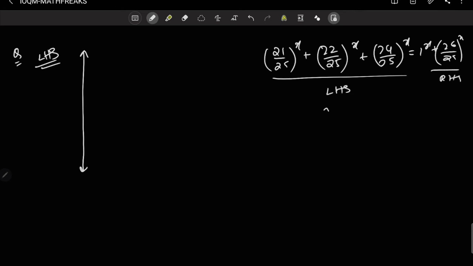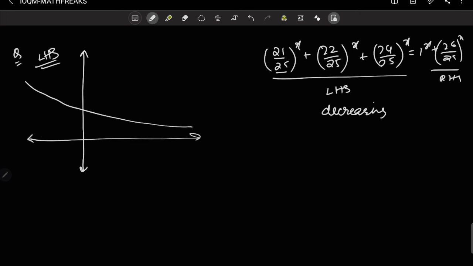So LHS is decreasing as a1, a2 and a3 are less than 1. So this will have a graph like this, and this will be (0, 3), obviously, because if you put the value of x as 0 you will find that the LHS is 3. But the basic thing is that this is a decreasing graph. This is the main thing.